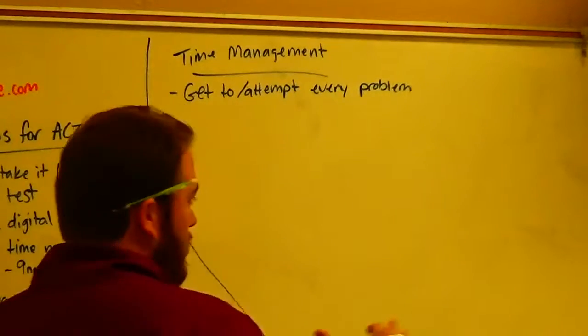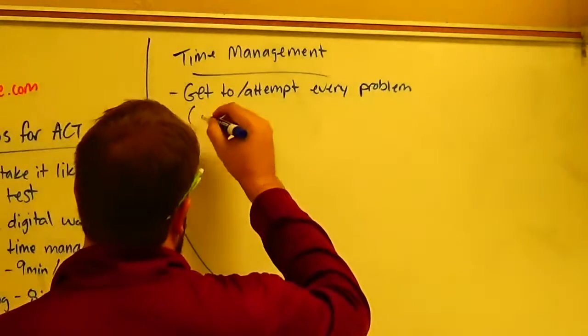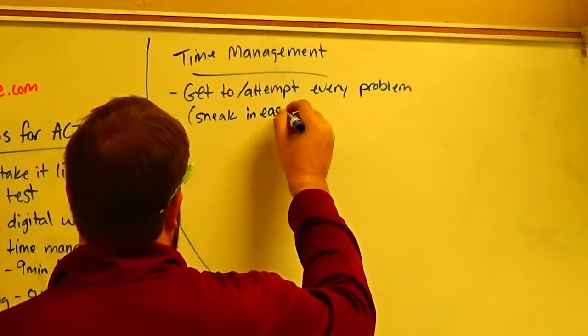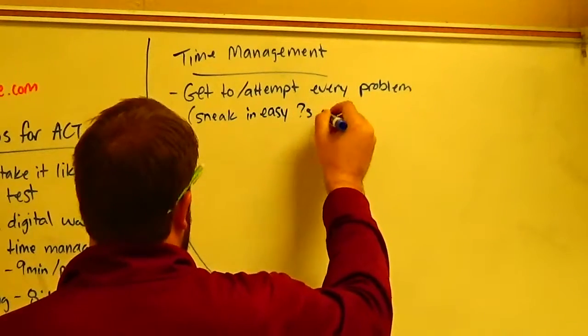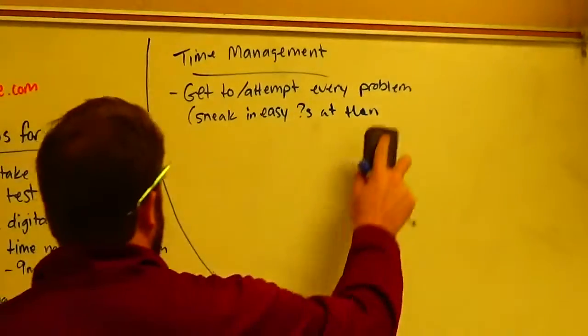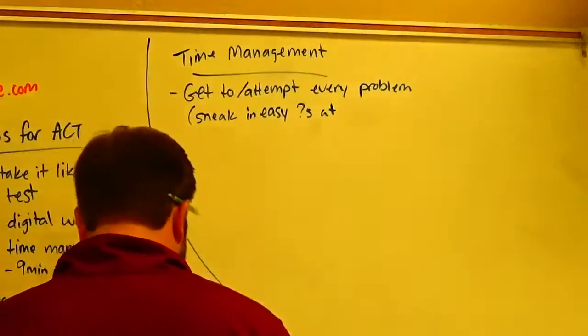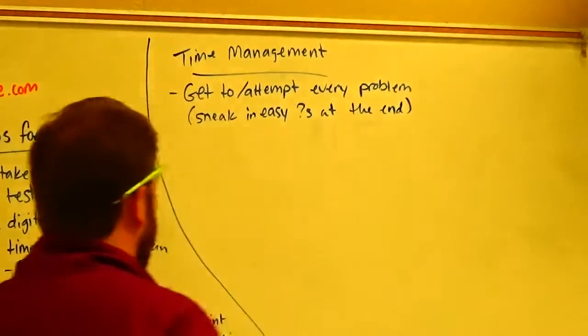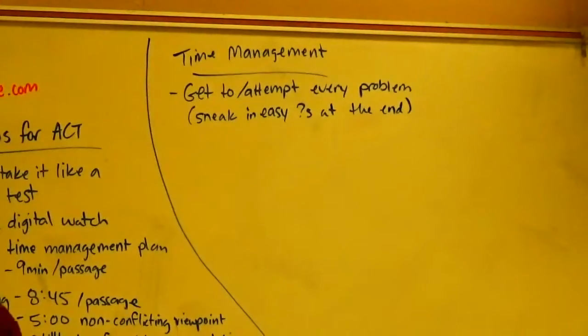You want to get to the last couple of problems because they do like to sneak in a few easy questions at the end. Sometimes I overthink it, or I can't figure out a problem and after I think about it, I realize that was so easy.